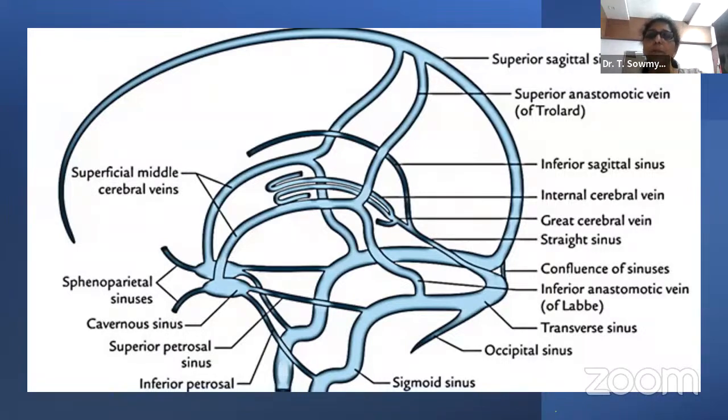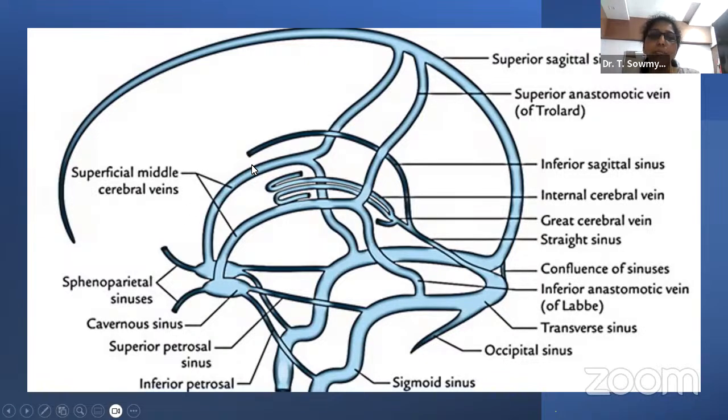The superior sagittal sinus, superficial middle cerebral veins, the superior anastomotic vein and inferior anastomotic vein are all called the superficial cerebral veins and sinuses.